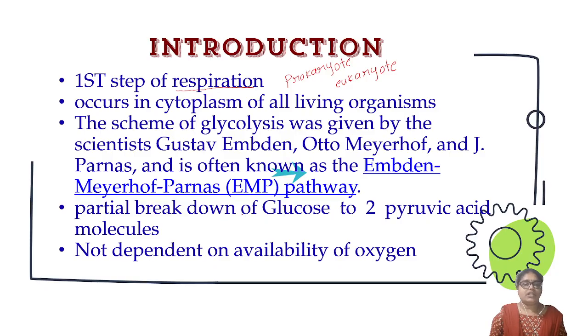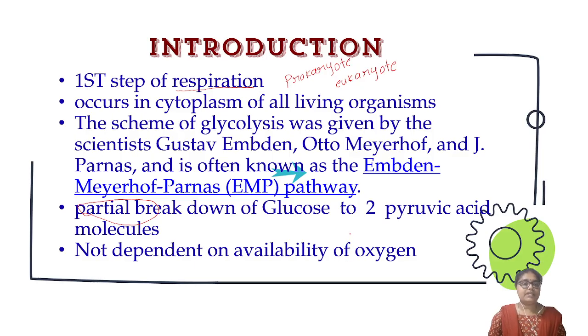Partial breakdown of glucose to two pyruvic acid molecules is known as glycolysis. Note down, partial, not complete, breakdown of the glucose. This glycolysis process does not depend on the availability of oxygen.